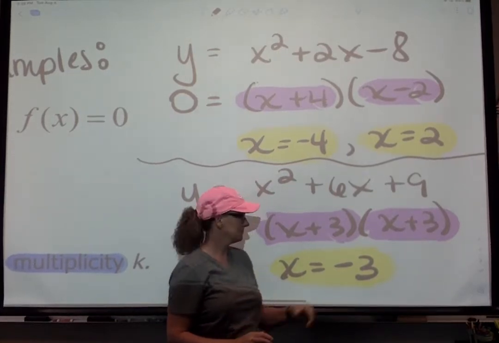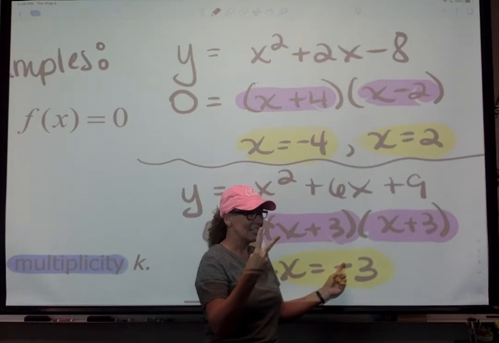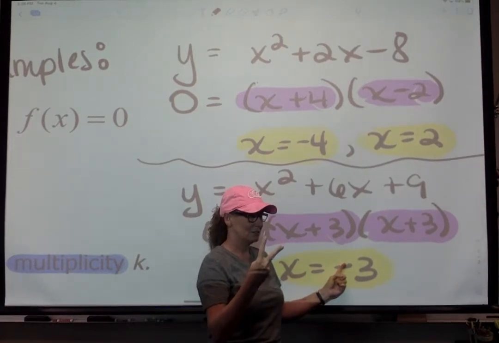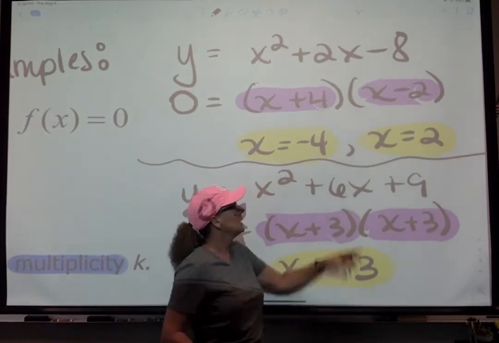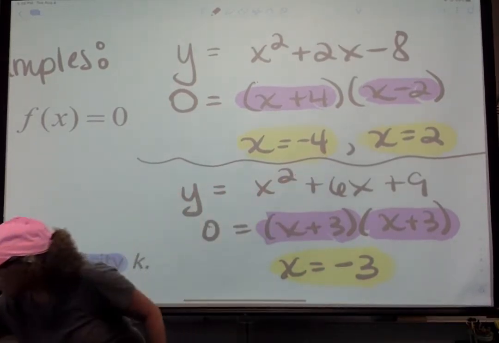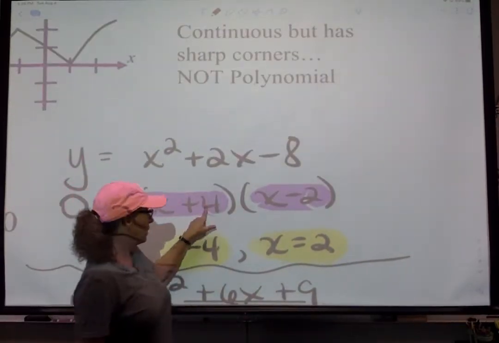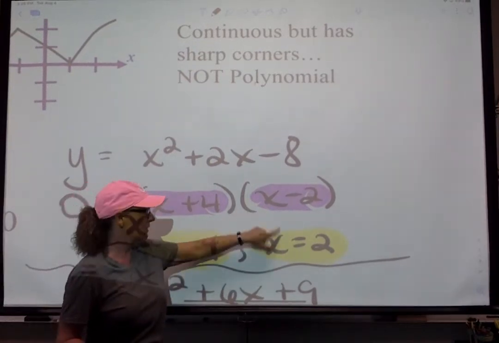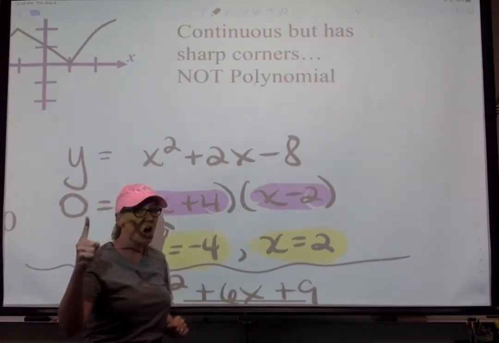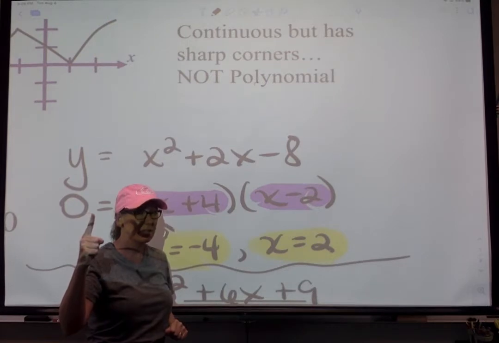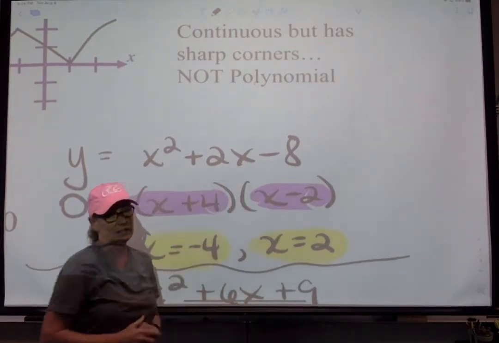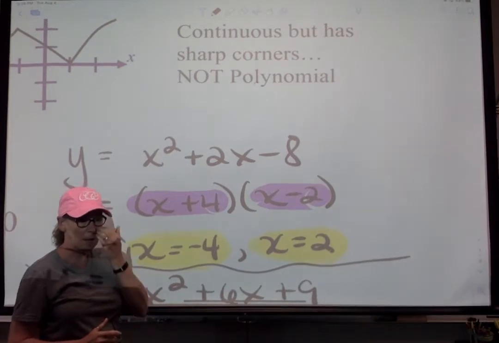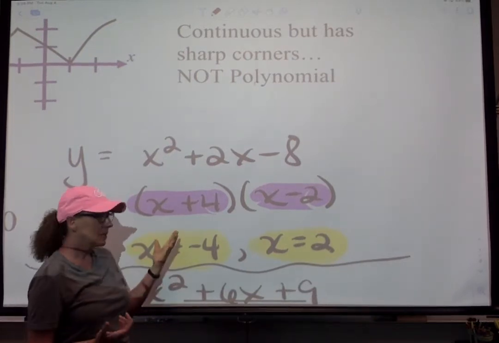If your multiplicity is even, your graph touches or sits on the x-axis. This one happens once, this one happens once. If your multiplicity is odd, your graph actually crosses through the x-axis. Passes through it. That would make sense, right?